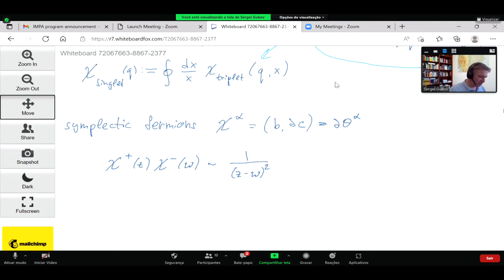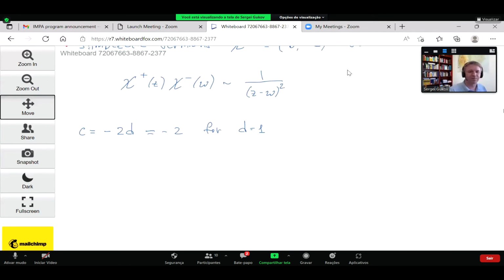So if you have d pairs of such guys, you'll get exactly these symplectic fermions SFD, which have central charge minus 2 times d. So for d equals 1, for a single pair, this is just minus 2 in the simplest case, when you have a single copy of such symplectic fermions.